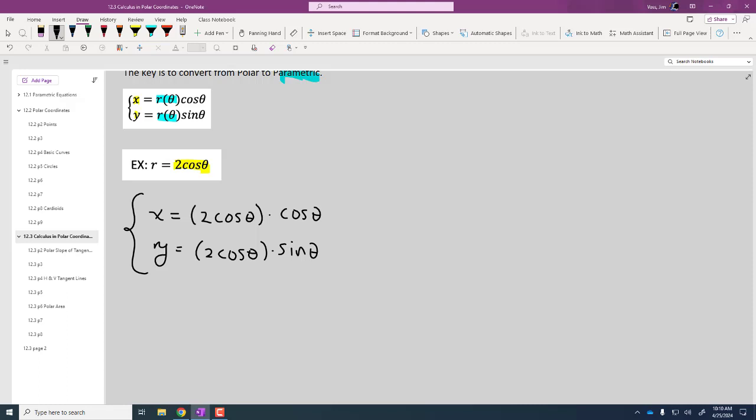So these are the parametric equations for the polar equation, the parametric form of the polar equation. And usually when we multiply sine and cosine, we usually write it as sine times cosine and not cosine times sine. So now we have the parametric form of the polar equation.